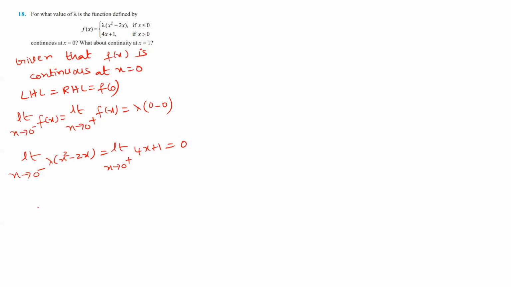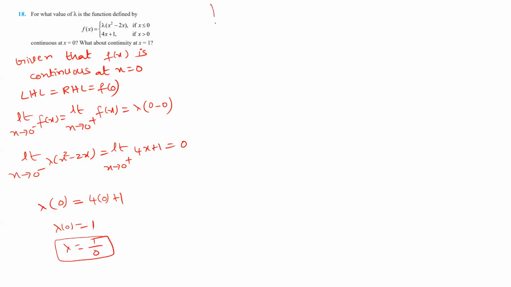This is equal to, if we substitute x value as 0, 4 into 0 plus 1, which is 1. So lambda into 0 is equal to 1 we will get here.